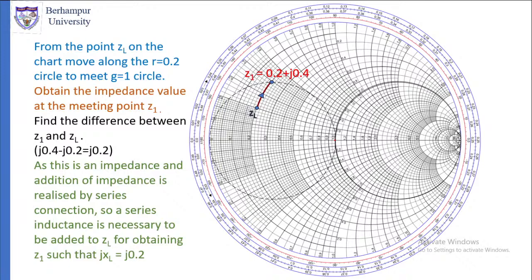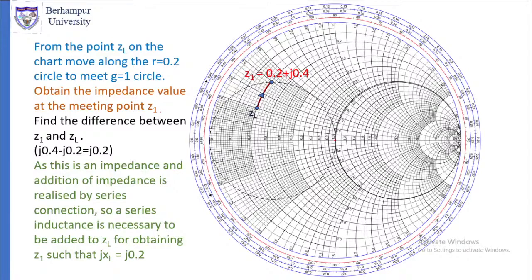We will move in the anti-clockwise direction later, but for the time being, move clockwise along the R equal to 0.2 circle to meet the G equal to 1 circle. Find the point where it meets the G equal to 1 circle.